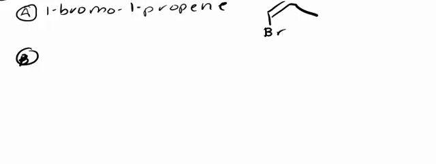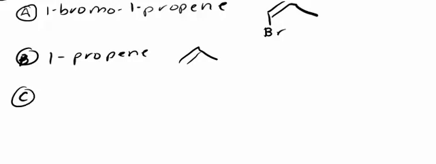1-bromo 1-propene. So first I'm going to draw that. Then I had 2,3-dimethylbutene.